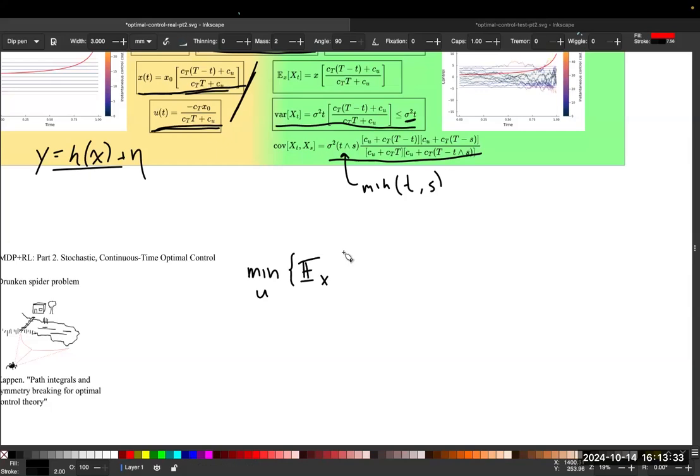So take the expectation, we're still going to have the control cost, so 0 to T, the end of our period, of C of u. Again, we're looking at a quadratic case, C u squared. Maybe I can make the dependence on t explicit.